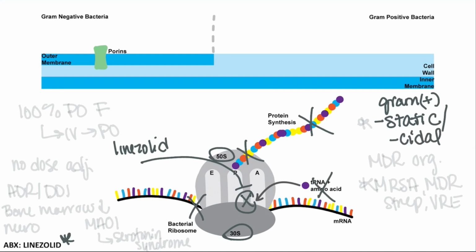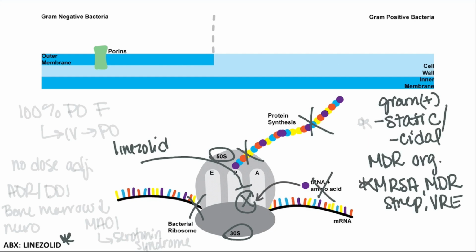But notably, it covers a number of multi-drug resistant organisms that are gram-positive, like strains like MRSA, multi-drug resistant strep, and VRE, and can be an alternative to Vanco in these situations.